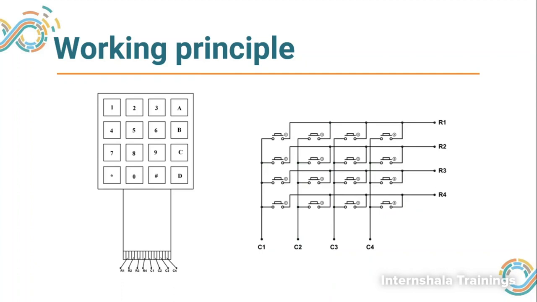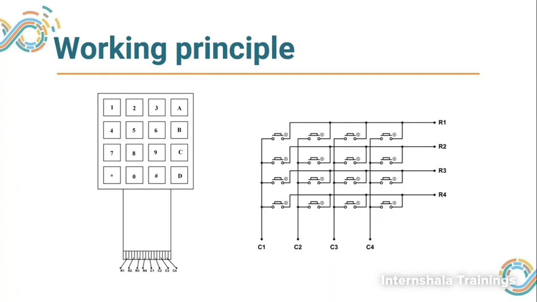Now imagine if I press the number 1. Number 1 is in the top row and on the leftmost side. So C1 and R1, these two wires will generate output as 1, others will have output as 0. So the 8-bit code will have 2 of the bits as 1, other 6 bits will be 0.